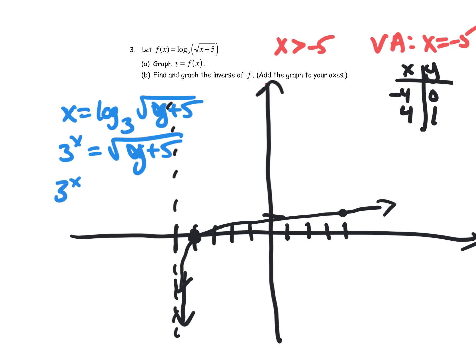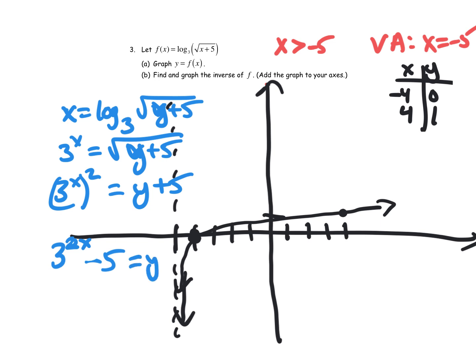So 3 to the x squared equals y plus 5, or 3 to the 2x minus 5 equals y. There's my inverse. Okay, and this will have a horizontal asymptote at -5.